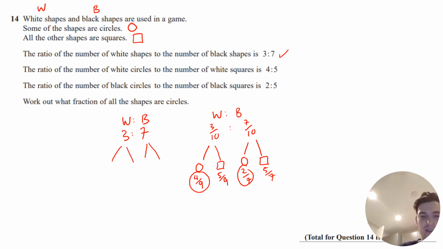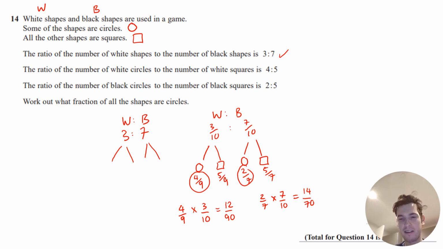For white circles, it is 4/9 of 3/10. So 4/9 times 3/10, which is 12 over 90. And I can do the same thing with the black shapes as well. So this is going to be 2/7 of 7/10, which is 14 over 70.